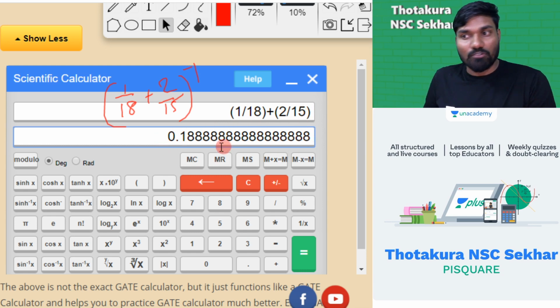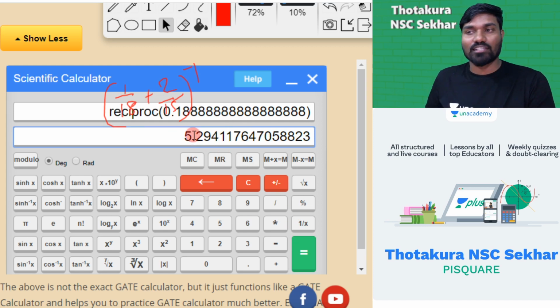Now we got this total value, which has now become X. You click this, simple. You got the answer, 5.294. Okay, you can cross check with the calculator also.